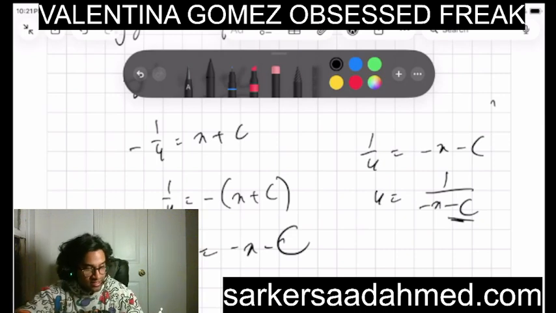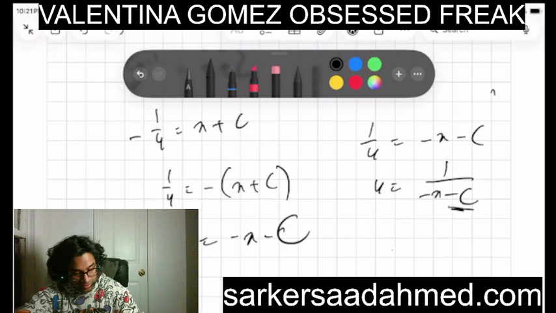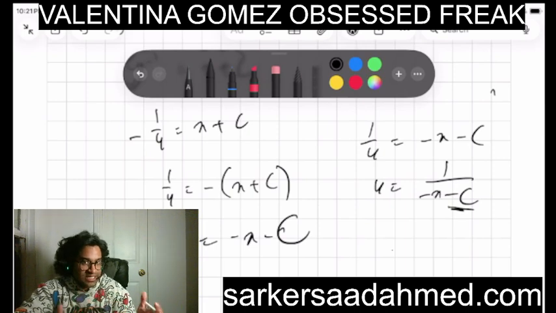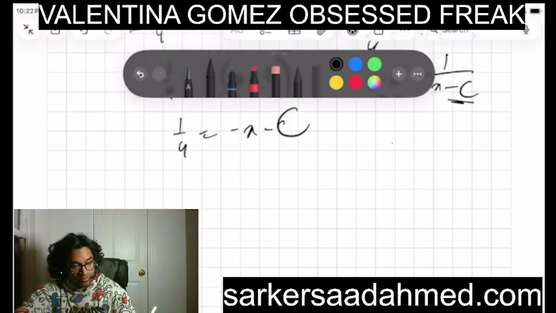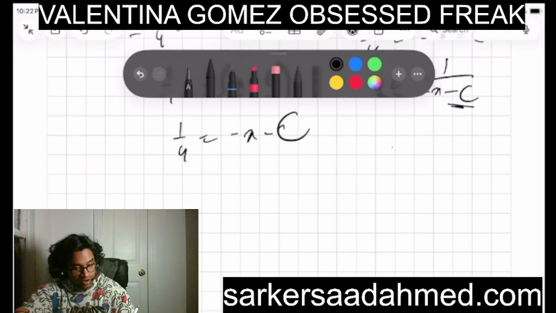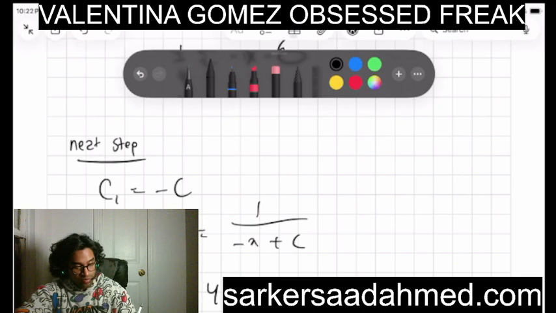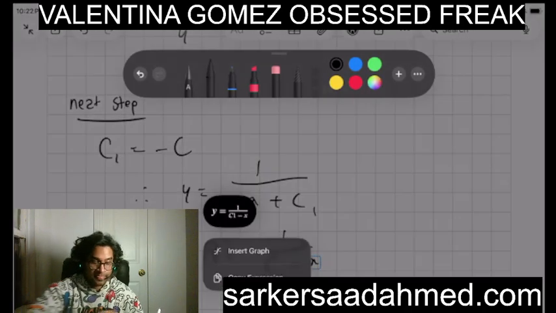It's optional, but it makes it much neater. So a neat step. I'm going to say C1 is equal to minus C. Then I'm going to say therefore y is equal to 1 by minus x plus C, or y is equal to 1 by C1 minus x.